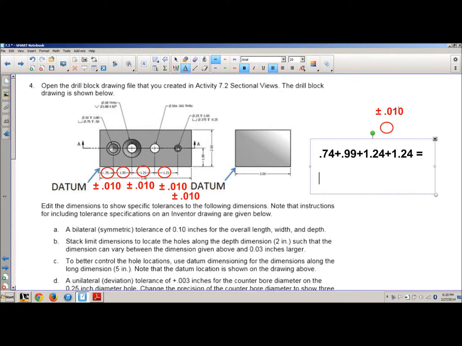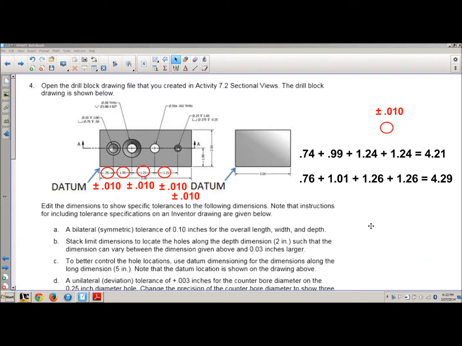And if they're on the upper limit of what's allowed by that tolerance, of course, it's 0.76 plus 1.01 plus 1.26 plus 1.26. And let me pause and get a calculator and figure out what that's going to be. Okay, with the chain dimensioning, I got my calculator out.